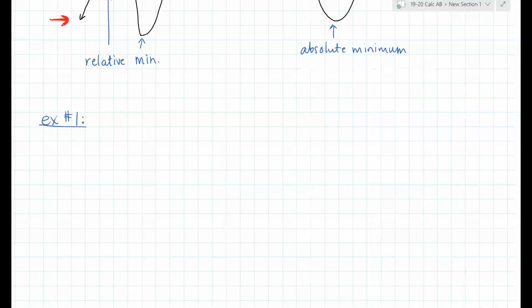So what can I call this? We'll say identify the extrema of the graphs.